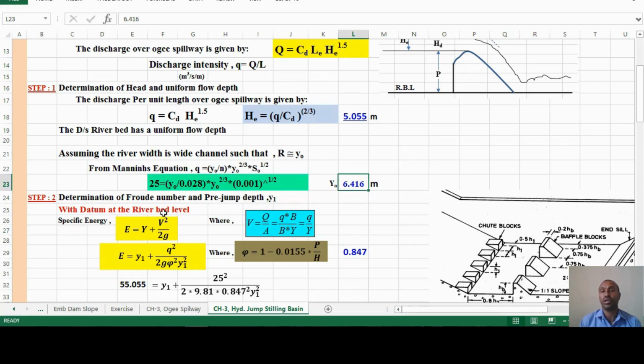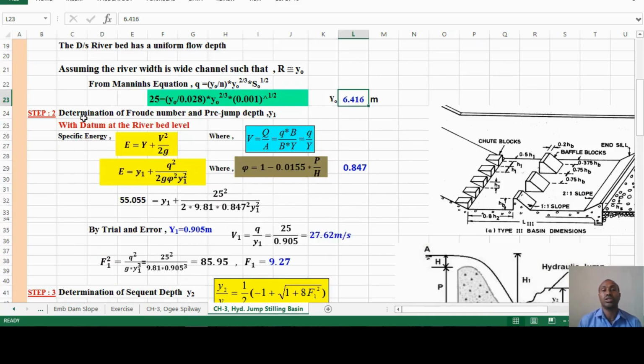Then step 2, determination of Froude number and pre-jump depth y1. Once you calculate the Froude number, you can check whether the flow is subcritical or supercritical. For specific energy, you have this equation: y plus V square over 2g.